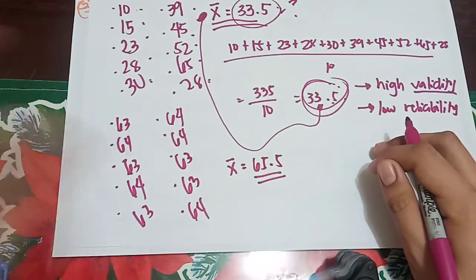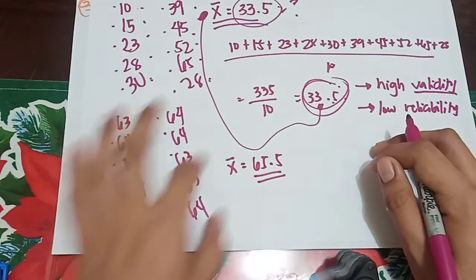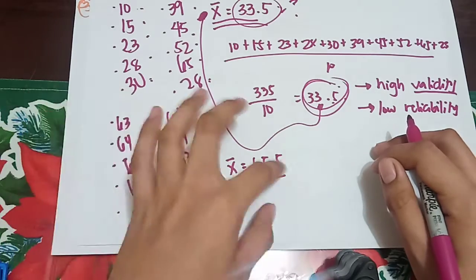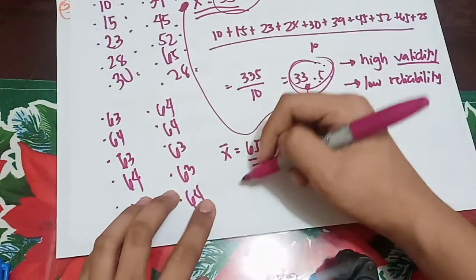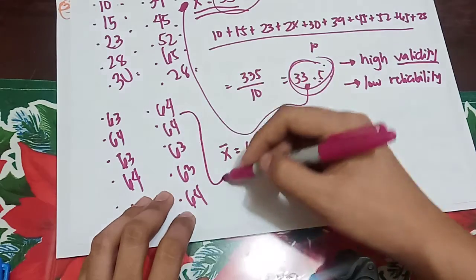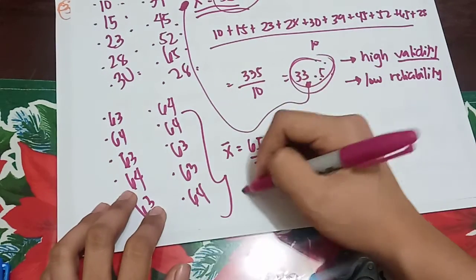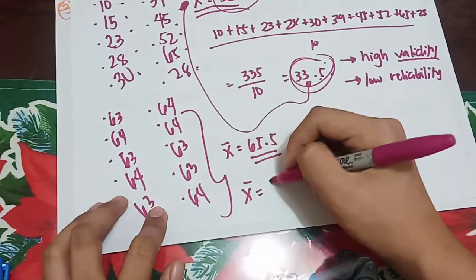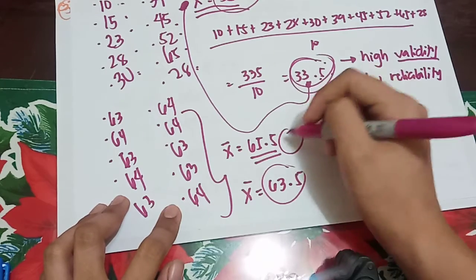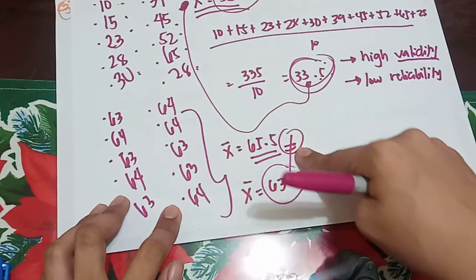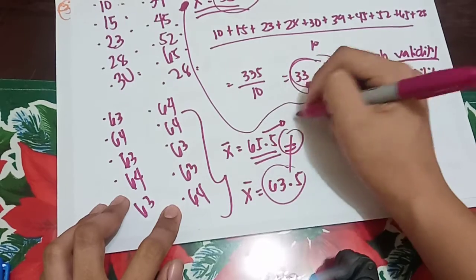Can we say that the average of this set of values can be equal to 65.5? Of course not, because if we compute the average of this set of data, we will come up with the answer of 63.5, which is not equal to the true value.